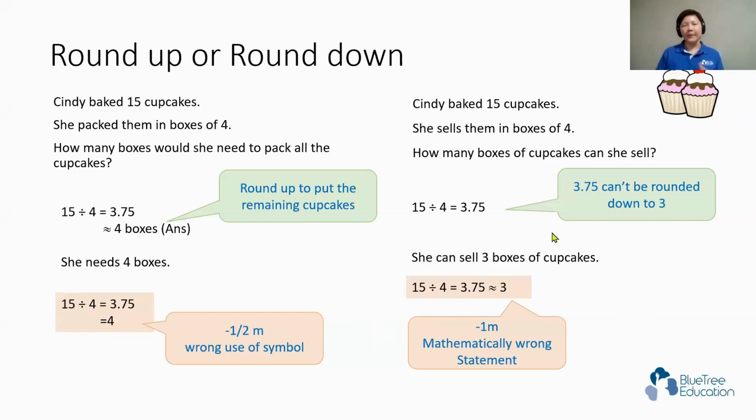Frankly, yes, I will pack them into 4 boxes, but the question is how many boxes can she sell? She can't sell 4 because the last box is not filled. The last box only has 3 cupcakes. The other boxes have 4, 4, 4. The last one has 3. So she can only sell 3 boxes of cupcakes.